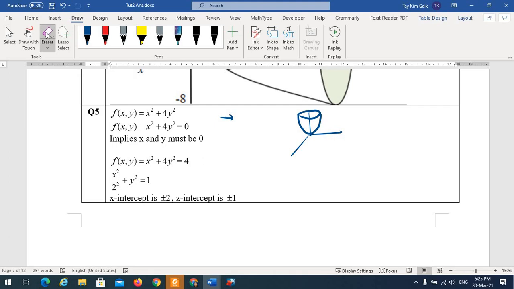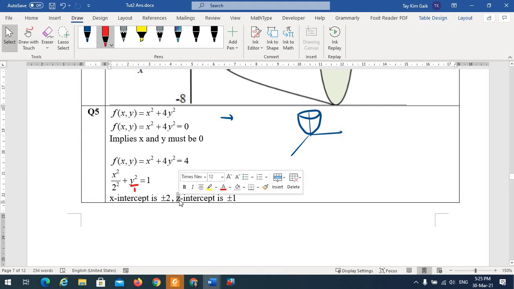If I change to this form, I can easily see that y squared divided by 1 equals 1, so the y-intercept is plus or minus 1.